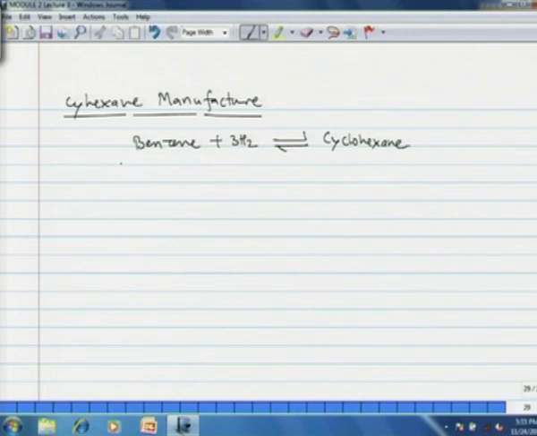So, if any benzene remains unconverted in cyclohexane, removal of it is very difficult. Secondly, benzene is carcinogenic. It is one of the hazardous or toxic materials. So, leaving impurity of benzene in cyclohexane is not desired. Therefore, excess of hydrogen is used to force conversion of benzene to completion. Okay. So, that point we note.